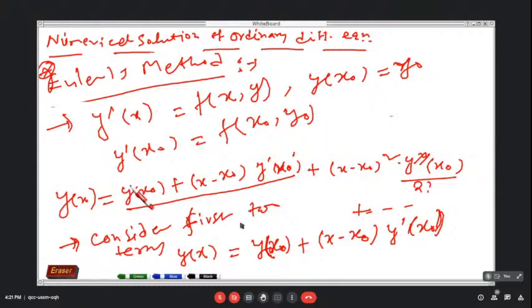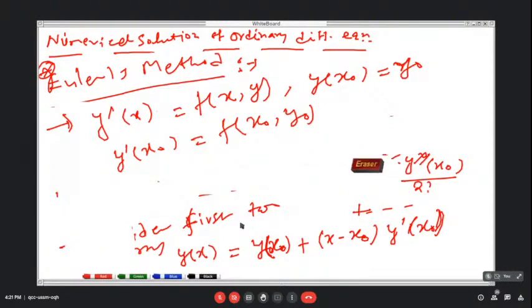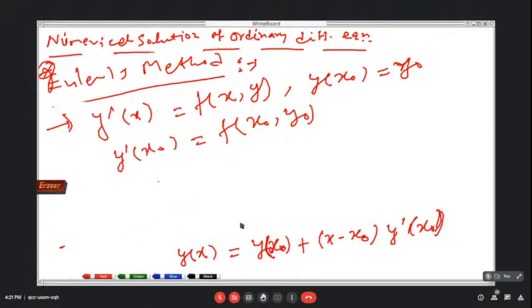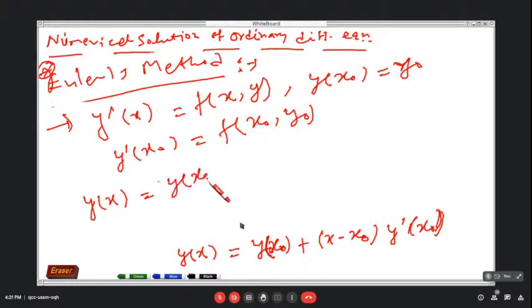So from this expression we can write that y of x is equal to y of x0 plus (x minus x0) into f of x0, y0.